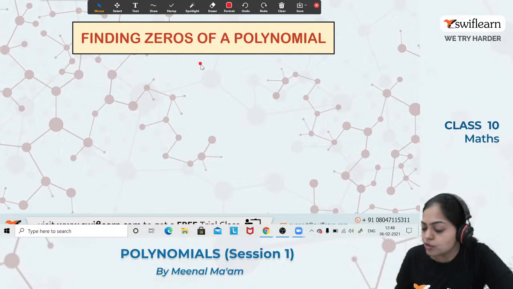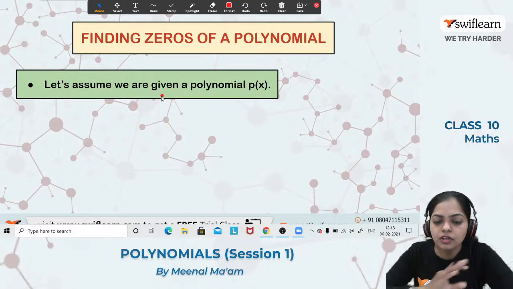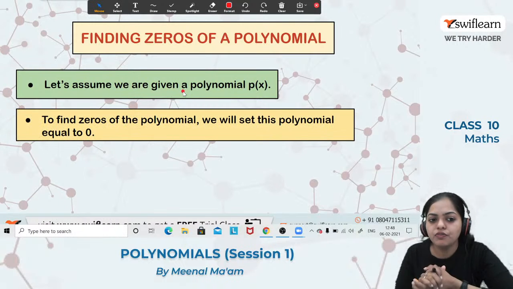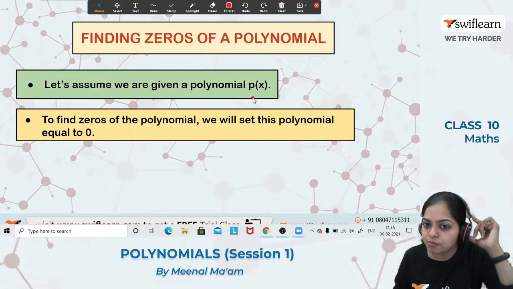So, finding zeros of a polynomial. Let's find the 0 of a polynomial. For that you have to follow some steps. I will show you which steps you have to follow. First, let's assume we are given a polynomial. We assume the given polynomial is p(x).